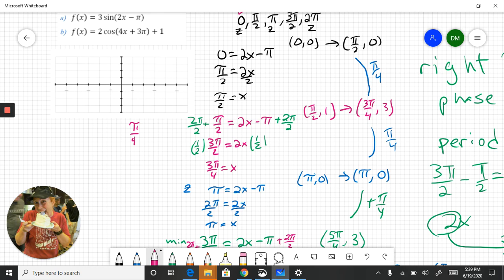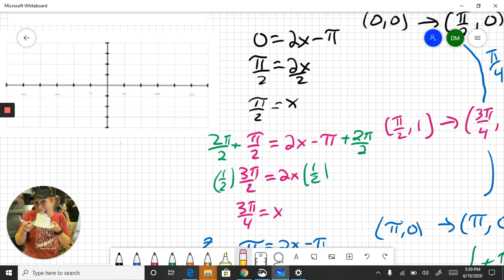Then the next one is, make this a little bigger. Pi over 2. 3 pi over 4. Pi.